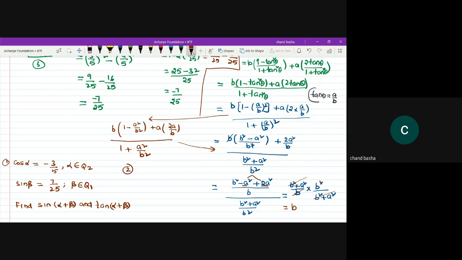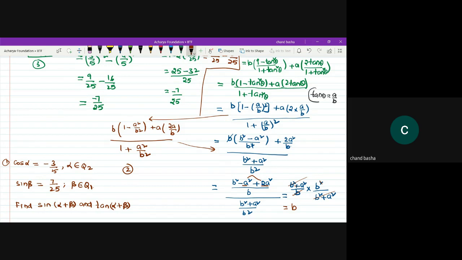Hope you can understand how we can do this. Sin of alpha plus beta you can expand: sin A cos B plus cos A sin B. Tan of alpha plus beta is tan alpha plus tan beta divided by 1 minus tan alpha tan beta. You can expand it and get the answer by using the right angle triangle formula.